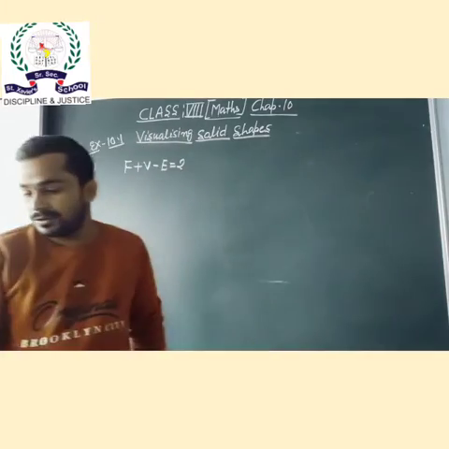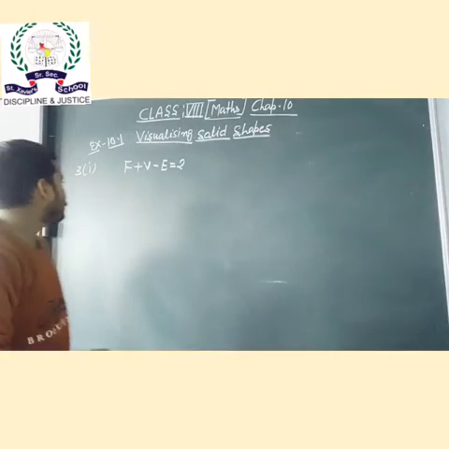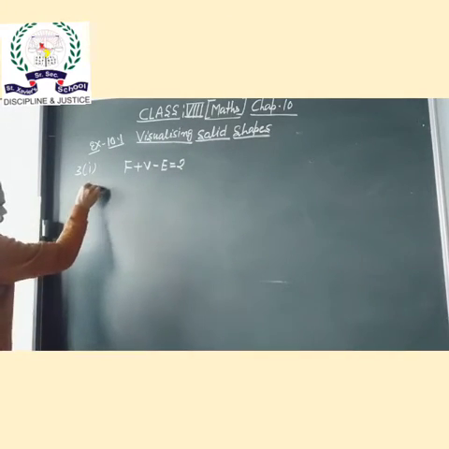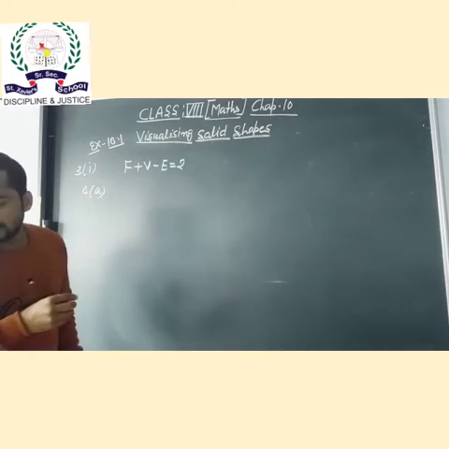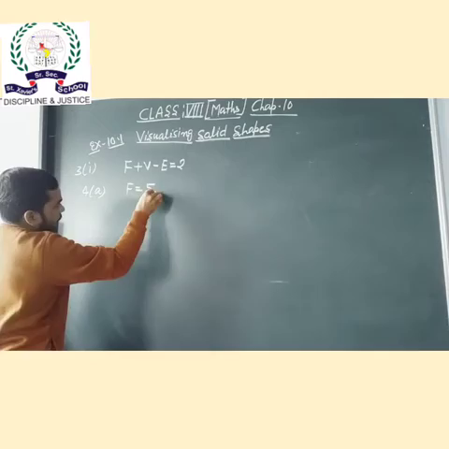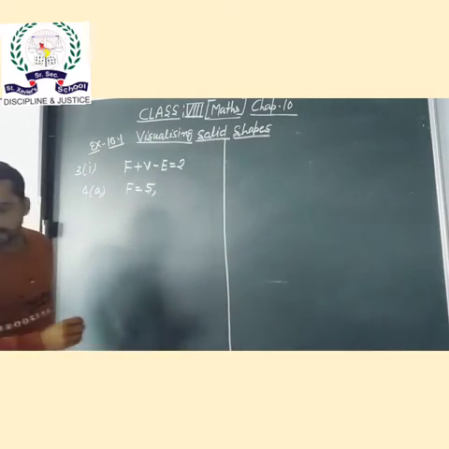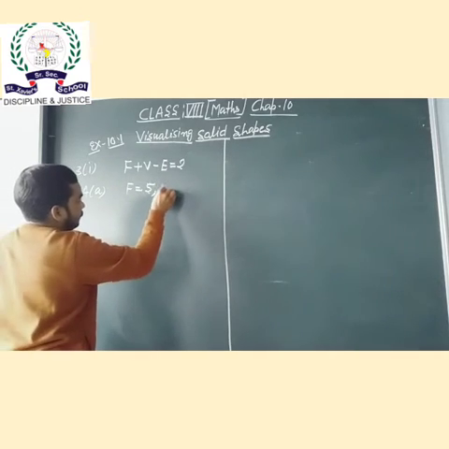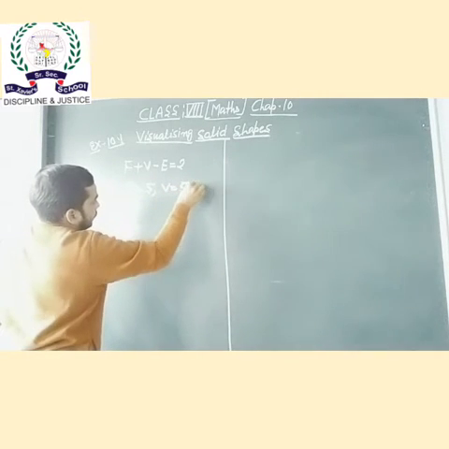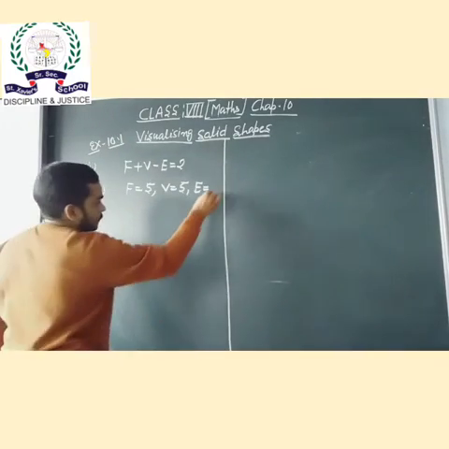Now question number 4, using Euler's formula find the unknown value. Question number 4: faces equal 5, vertices also equal 5, and number of edges equal 7.